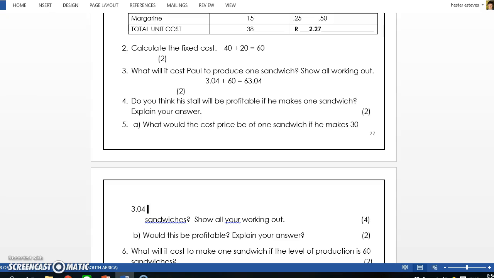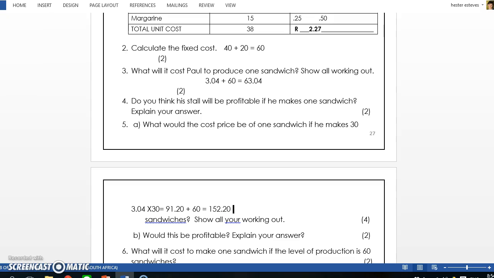Therefore, for 30 sandwiches, you have to times it by 30. 30 times 3.04 would be 91 Rand and 20 cents, right? Plus you have to add what? Yeah, your fixed costs, which we said was 60 Rand. So altogether to make 30 sandwiches, it's going to cost him 151 Rand and 20 cents.